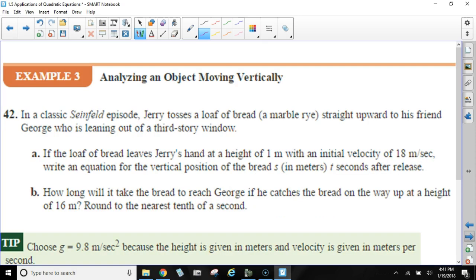For our example, it states, in a classic Seinfeld episode, Jerry tosses a loaf of bread, a marble rye, straight upward to his friend George, who is leaning out of a third-story window.